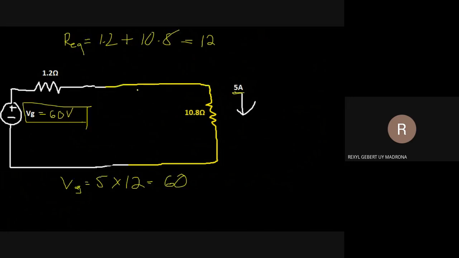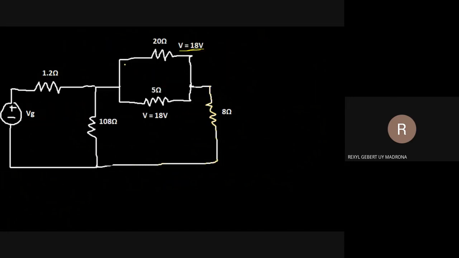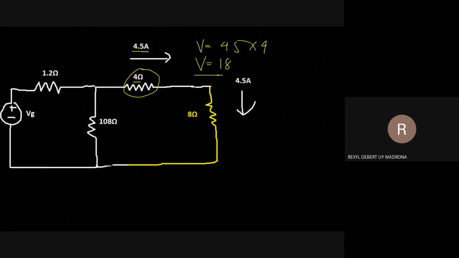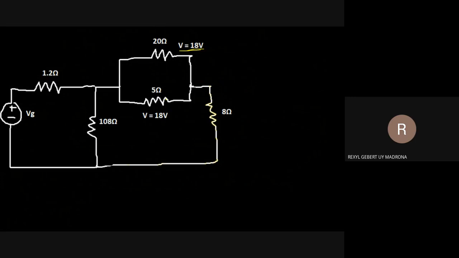Since this is a parallel connection, that means the source voltage, 18 volts, is equal to the voltage of both branches. So the voltage in the 5 ohm resistor is also 18, and in the 20 ohm resistor, also 18. Now we have the values needed to solve for the power in the 20 ohm resistor.